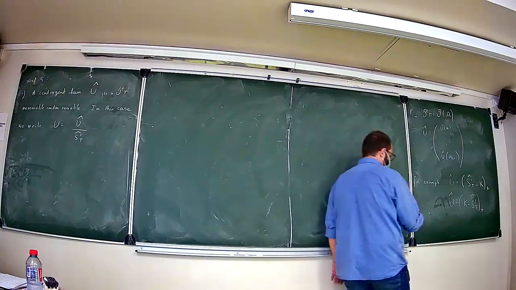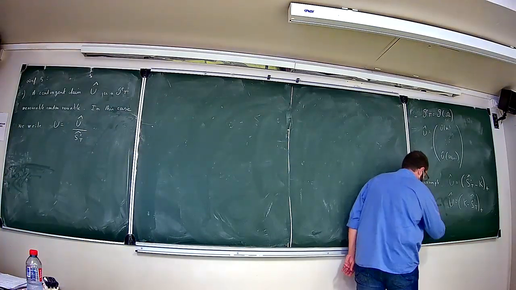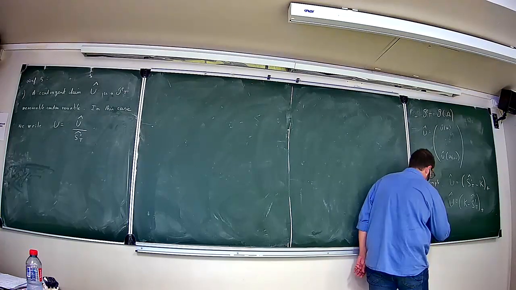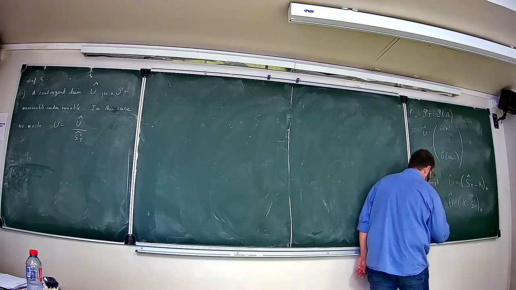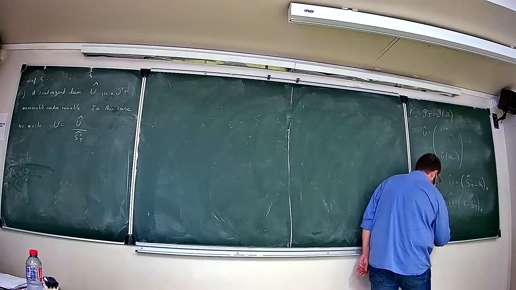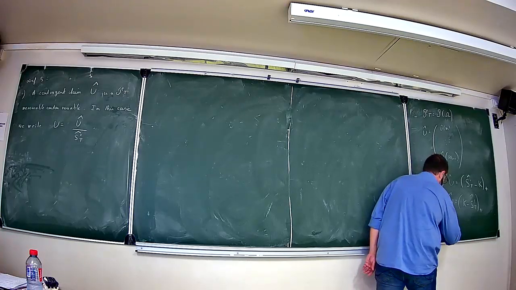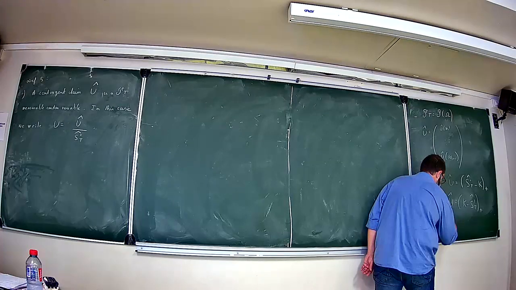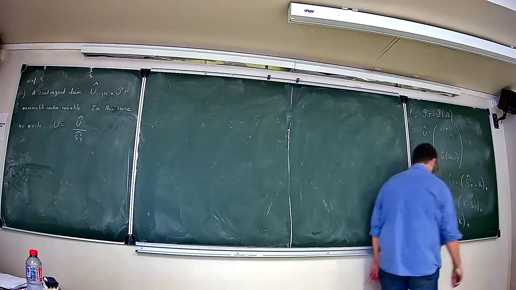For example, let's take something like this: 1 over T, the sum from k equal to 1 to T, of (S^1_k minus K) plus.